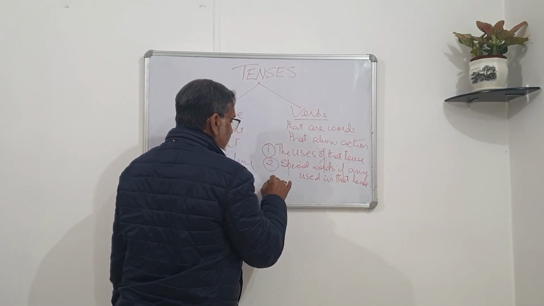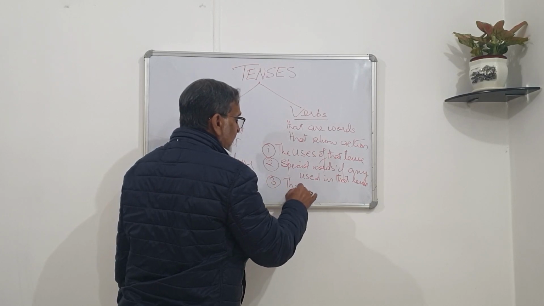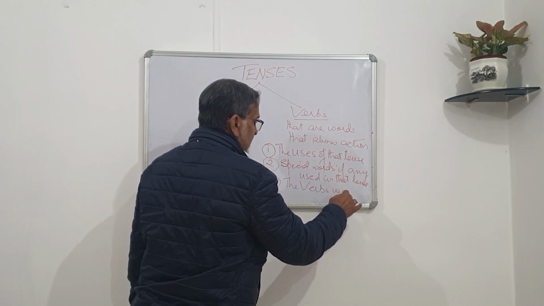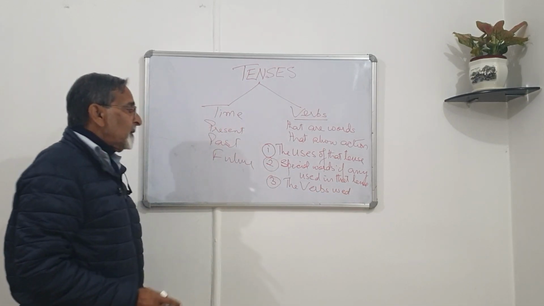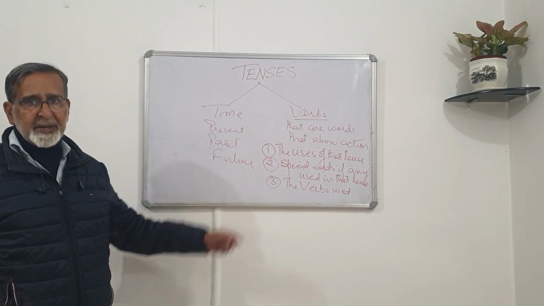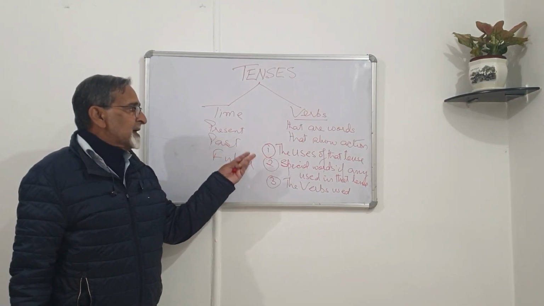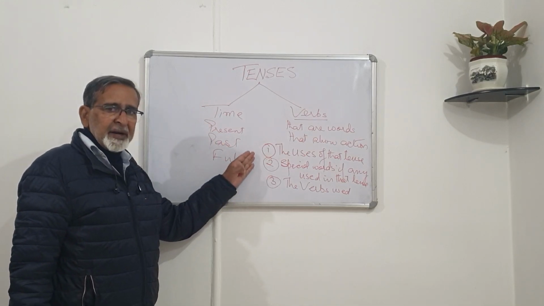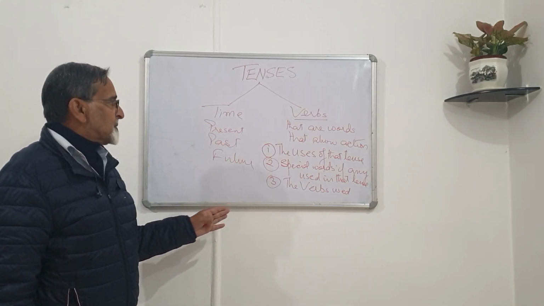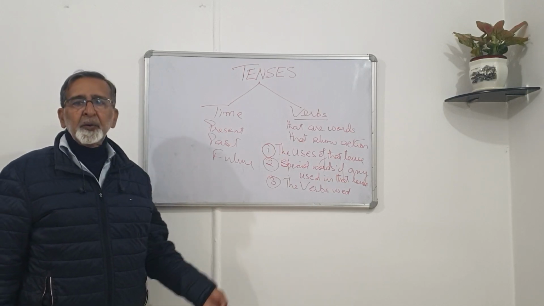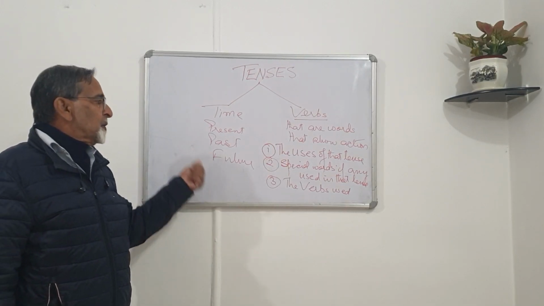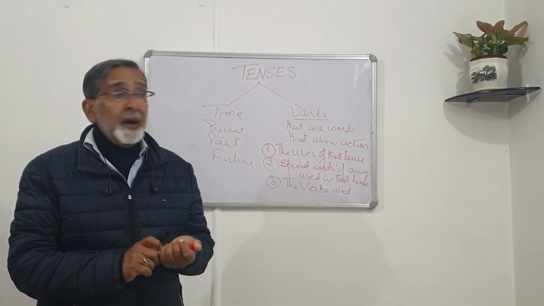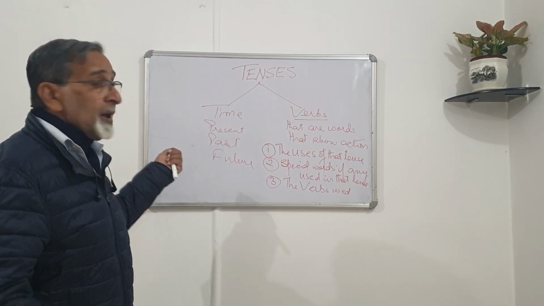And number three, the verbs used. These are three critical aspects of studying tenses. Whenever you study tenses, you must pay special attention to all these three aspects so that when you revise or when you speak out, you don't make mistakes, not only here, but also while doing exams.